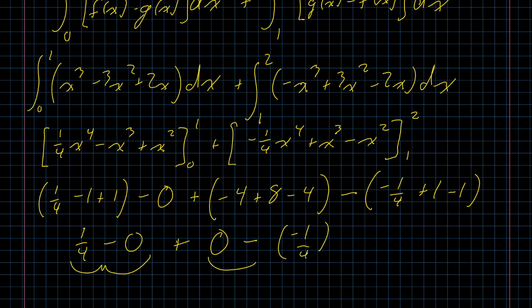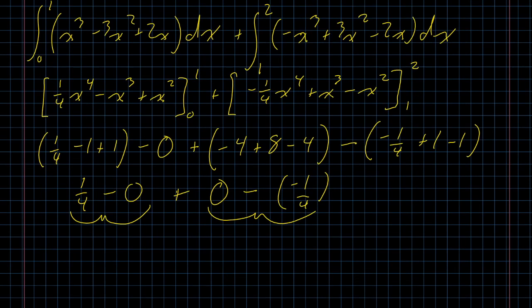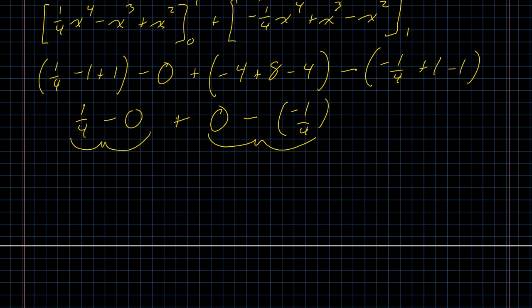And again, all of this is kind of the second loop. And as I said when we started off here, the area there, 1/4, and the area here, 1/4, are the same numerical value. And of course, 1/4 plus 1/4 is 1/2.